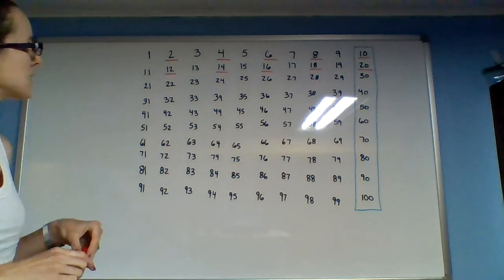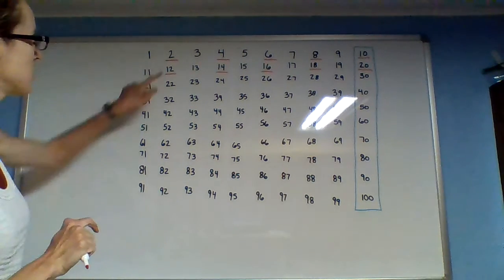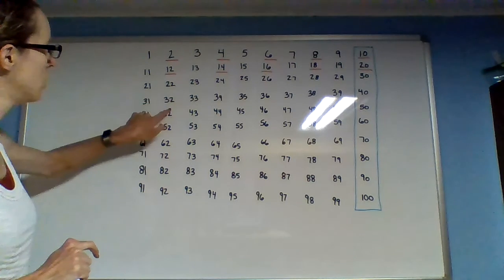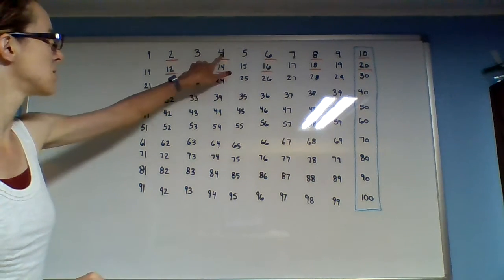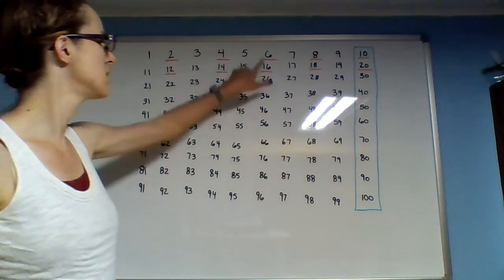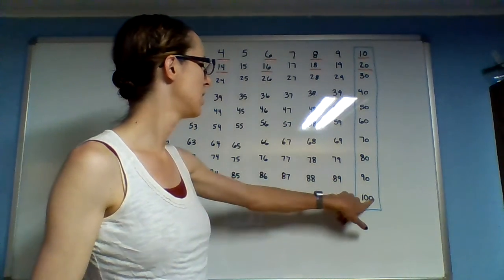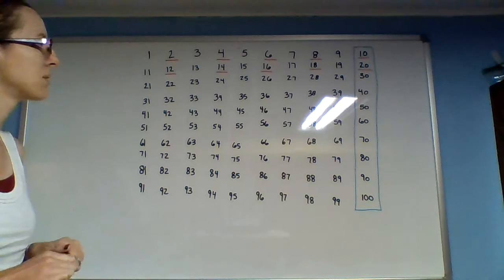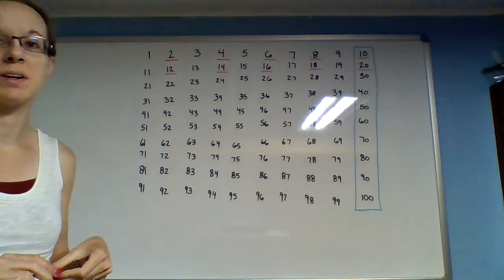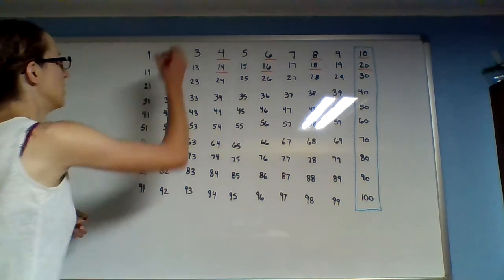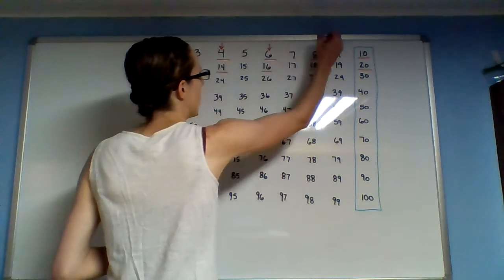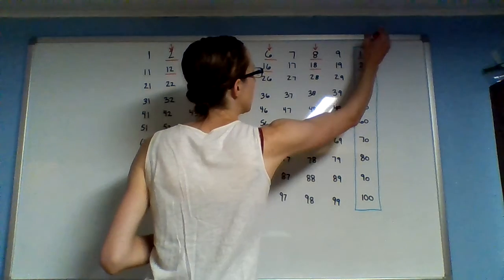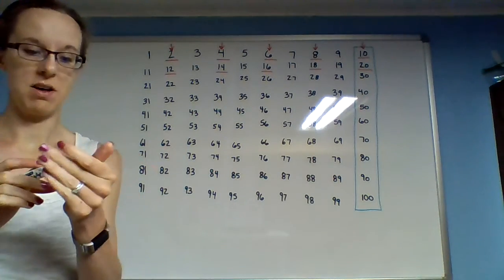What I can quickly see is that the numbers that end in 2 all the way down my column are going to be even. The numbers that end in 4, 6, 8, and 0. So now if I want to skip count by the even numbers, I can just skip to these columns all along the way. Let's try it all the way to 100.